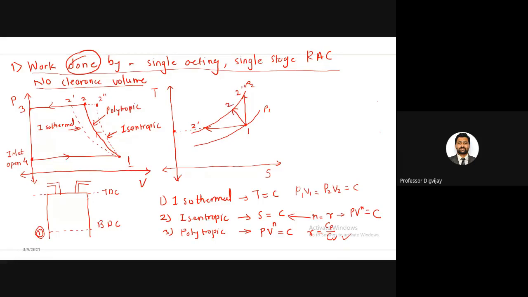And this is a polytropic process. So this is isothermal, this is isentropic, and this one is polytropic. These are all the compression processes.